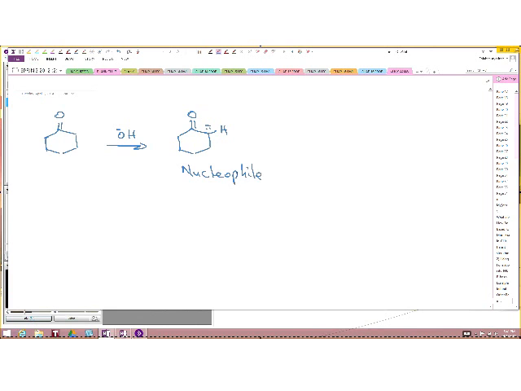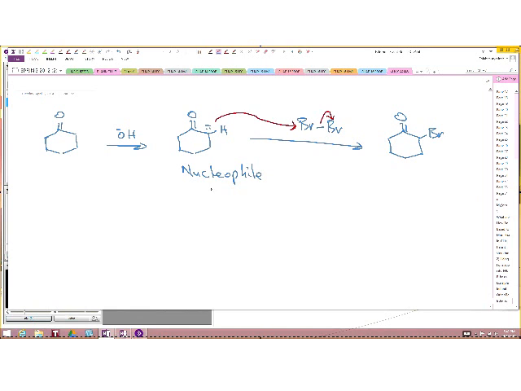If you dump in bromine, for example, this nucleophile could come here, attack this bromine, displacing the other bromine atom. And what do we get? So now we get an alpha bromoketone.